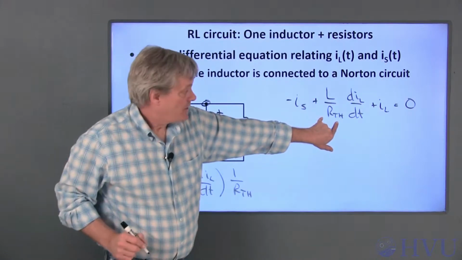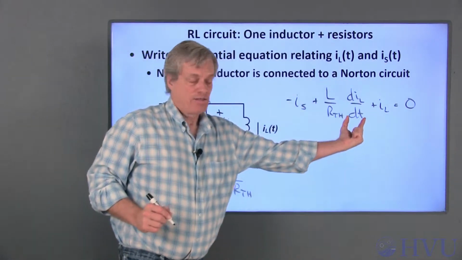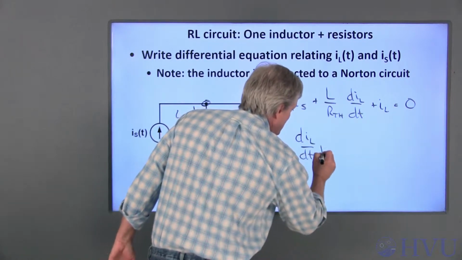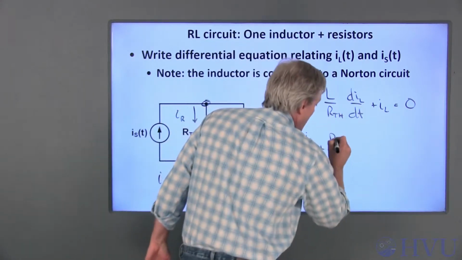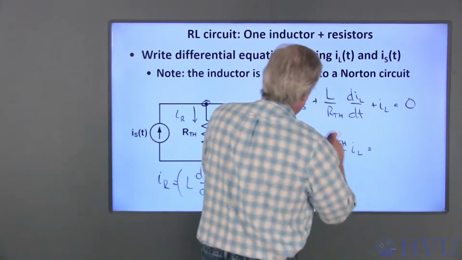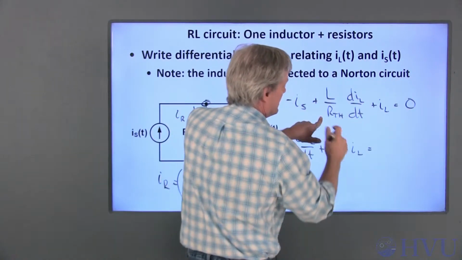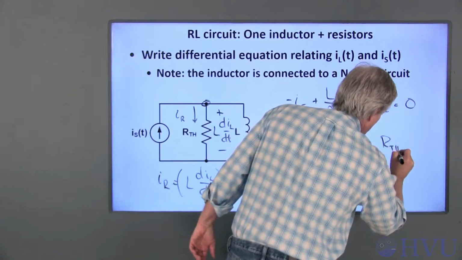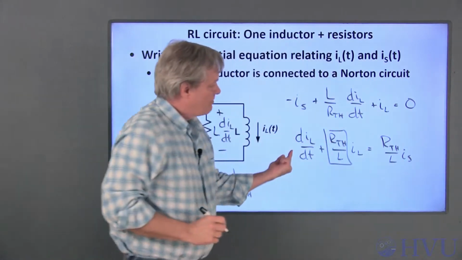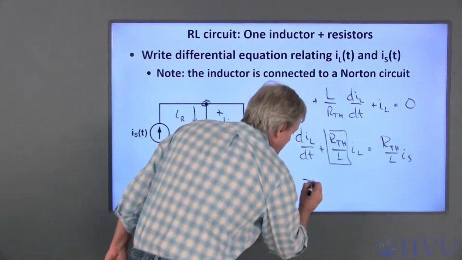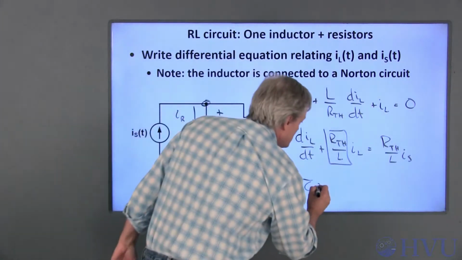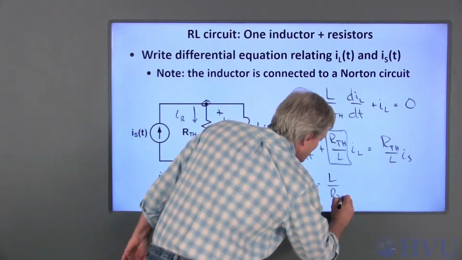Now divide out this term multiplying the highest order derivative: dIL by dt plus RTh over L times IL is equal to Is times RTh over L. With this term being a 1, this term is 1 over tau, so the time constant for an RL circuit is equal to L over RTh.